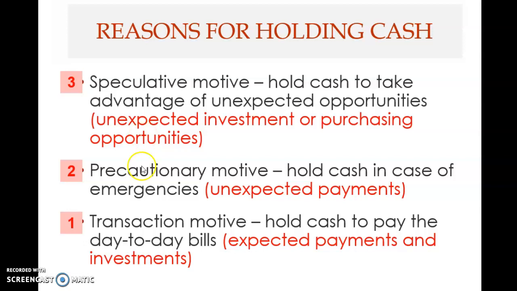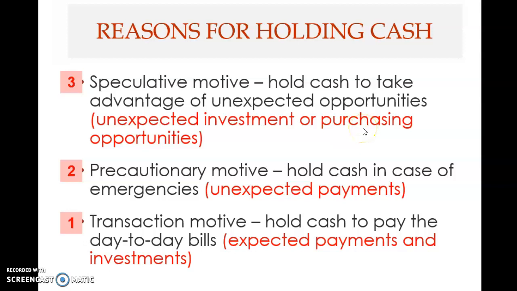These last two, the less important motives, both have to do with the unexpected. The first one is precautionary, the second one is speculative. You can argue that this is the least important, but it's important, though least important compared to the other 2 motives. This is for unexpected investment and purchasing opportunities.